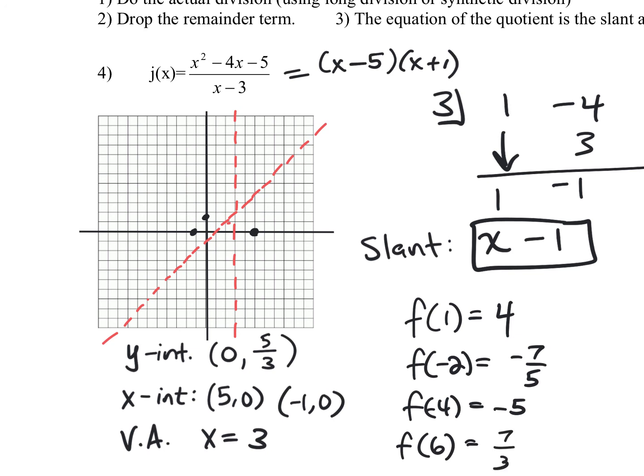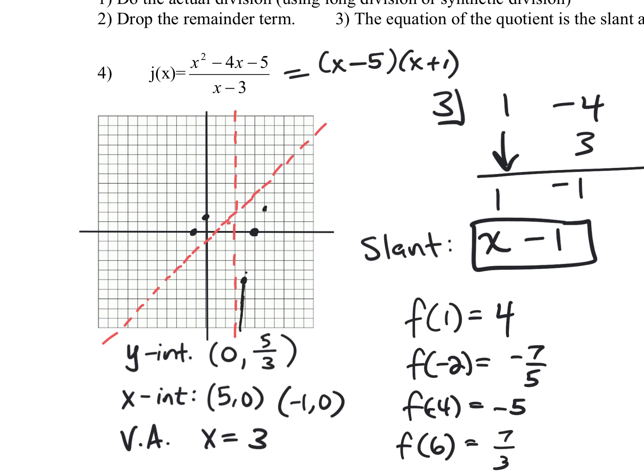So when we plot all these points, we'll start to get a better sense of the shape of this graph. F of 4 is there. It's at -5. Oh, sorry, that is +4. And then f of 6 happens at 2 1/3, right there.